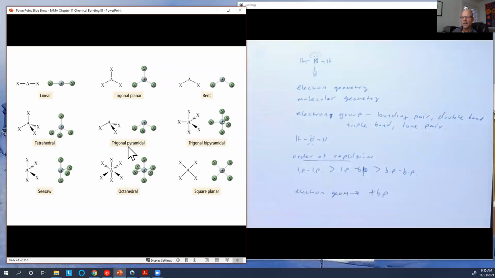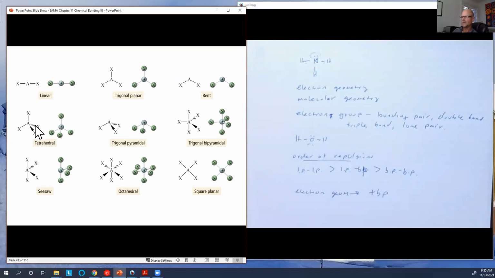This little table, which you can find in your ebook as well, shows you how you can draw some of these structures on paper. The ones that you can get all on one plane are pretty straightforward. You can draw them with straight lines. But the ones that are three-dimensional, you want to use these little dashes and wedges to help you draw them.